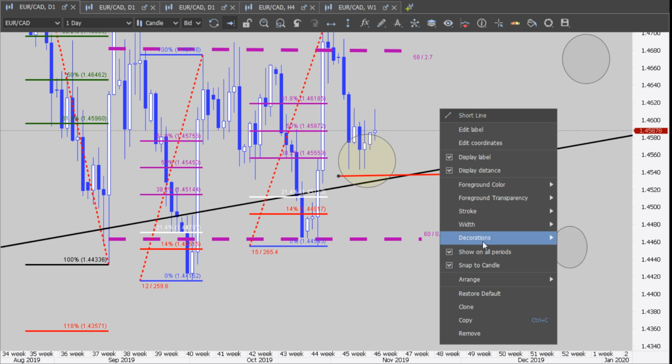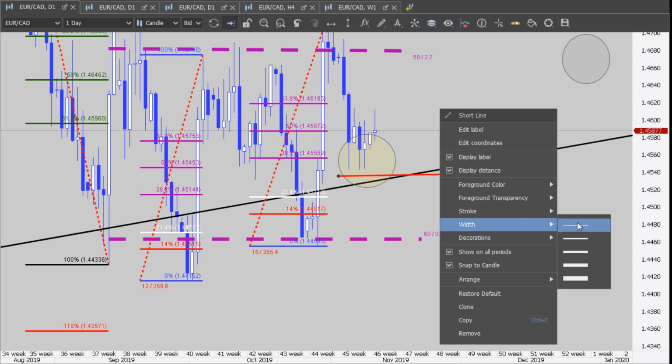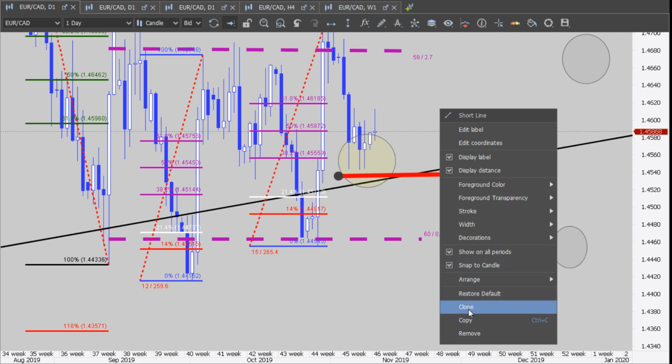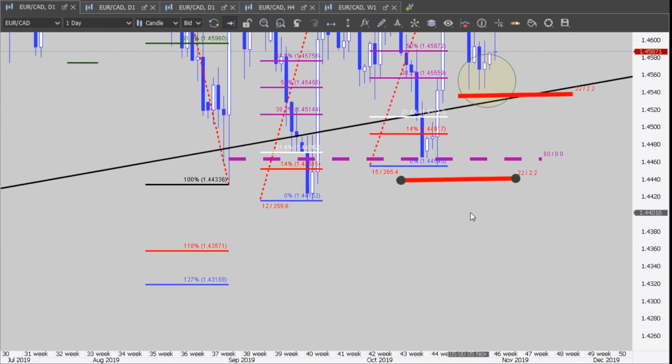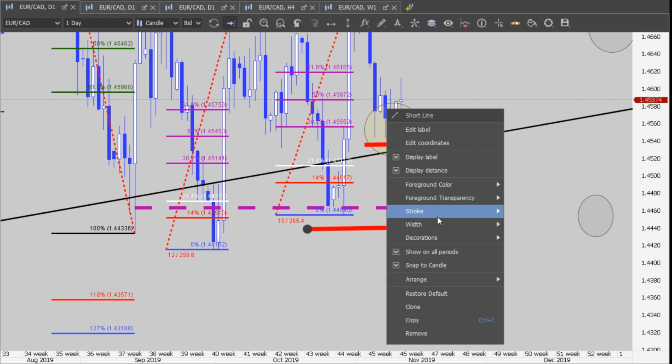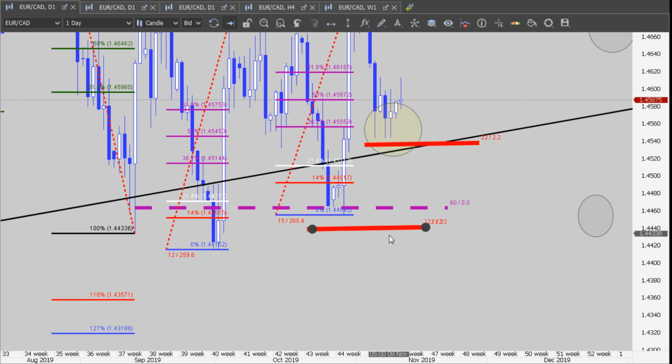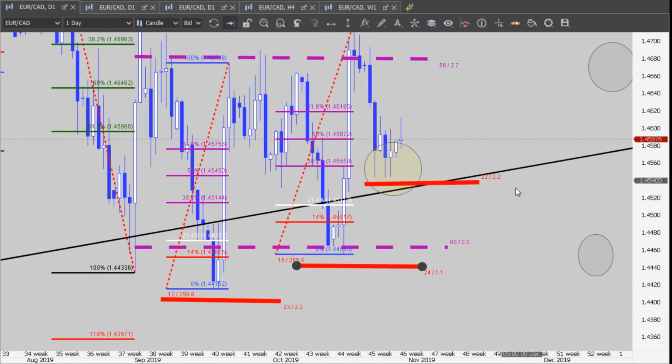Stop loss number 2 is going to be here. And the best one, stop reverse, is going to be here. So stop loss, stop reverse. Okay.